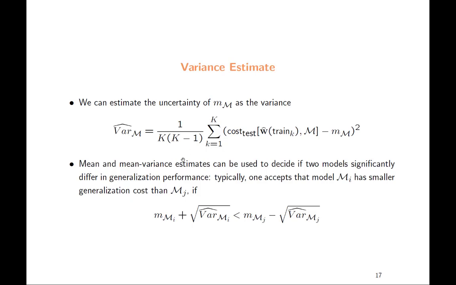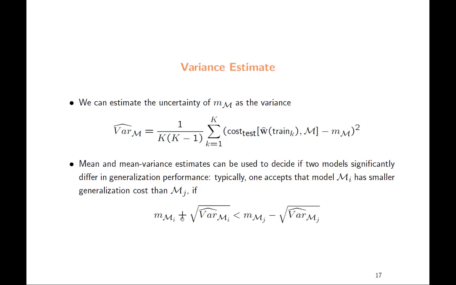And if we have 2 methods, and the mean performance of the first one plus the square root of the variance we get for this model is smaller than the other model minus this. So in other words, the standard deviations don't overlap.